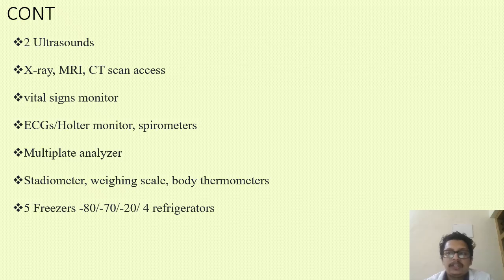Then essential instruments like 2 bedside ultrasounds, X-ray, MRI, CT scan, vital sign monitoring, ECG, Holter monitor, spirometers, multi-parameter analyzer, stadiometer, weighing scale and body thermometer. 5 different types of freezers, -80, -70, -20, and 4 normal refrigerators should be available for the CP unit.